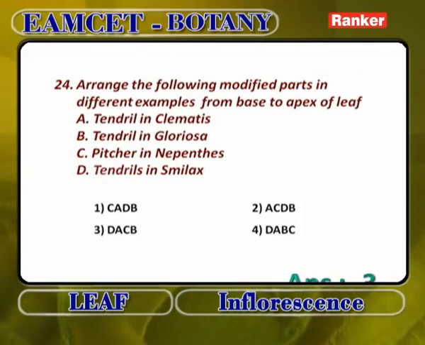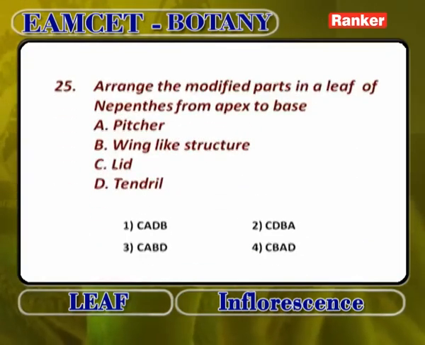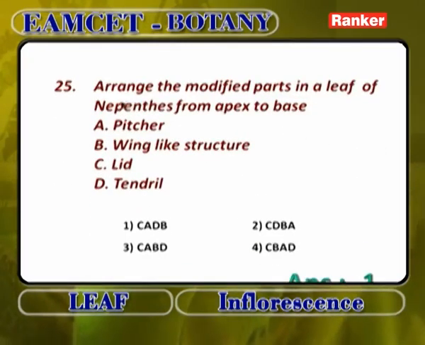So the modified parts in different examples from base to apex of a leaf is DACB: tendrils in smilax, tendril in clematis, pitcher in nepenthes, and tendril in gloriosa. Arrange the modified parts of a leaf in nepenthes from base to apex. Base to apex, wing-like structure will be at the first. So answer is CADB.